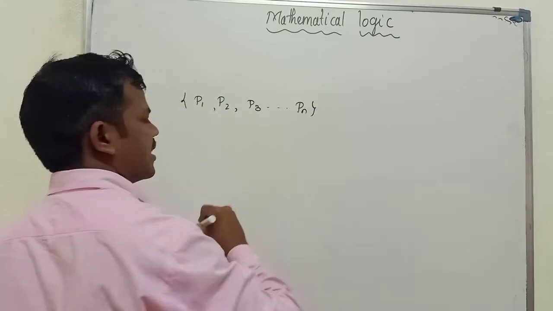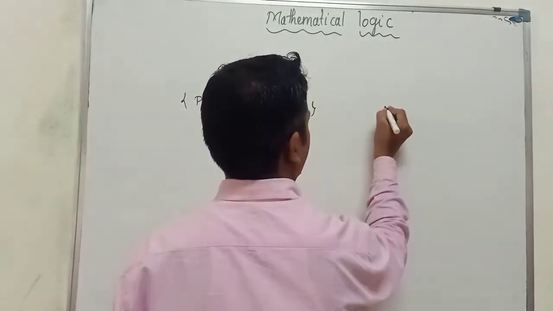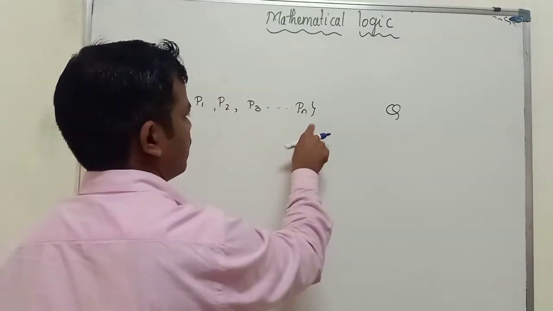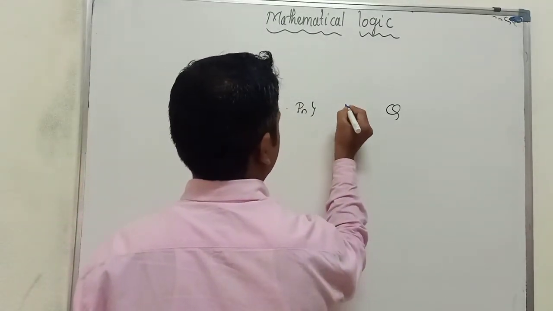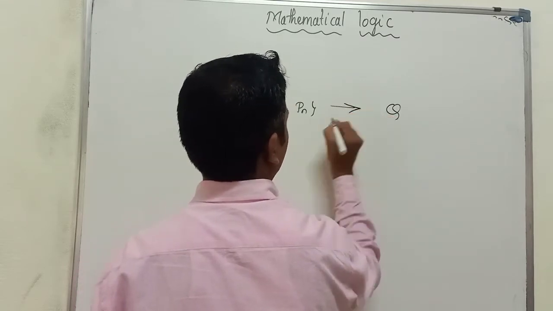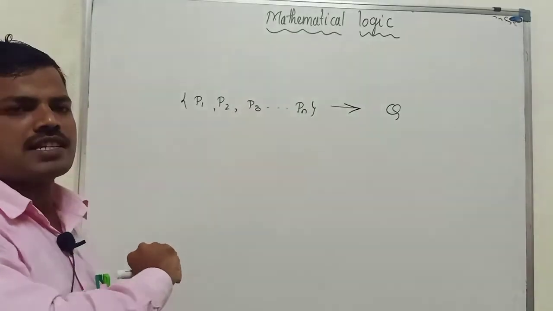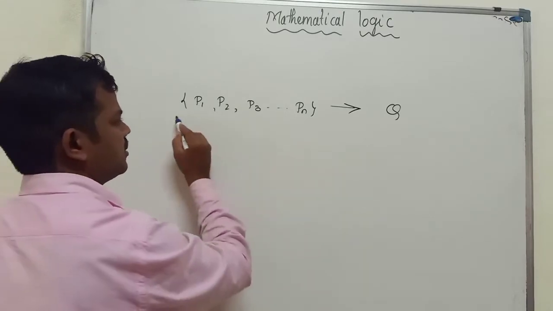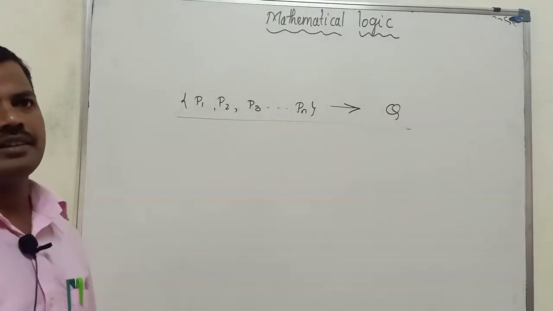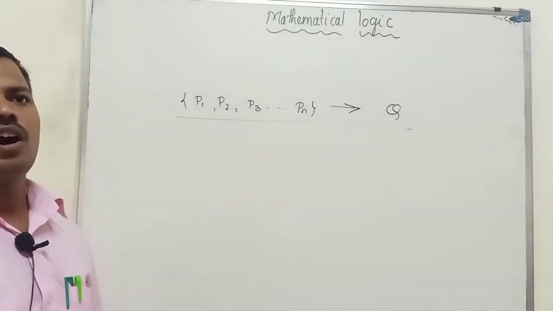So we have n statements and we have another statement Q. All the set of statements forms a compound statement with Q like this, that is called a conditional statement, and this compound statement is called a valid argument, which we call an argument.